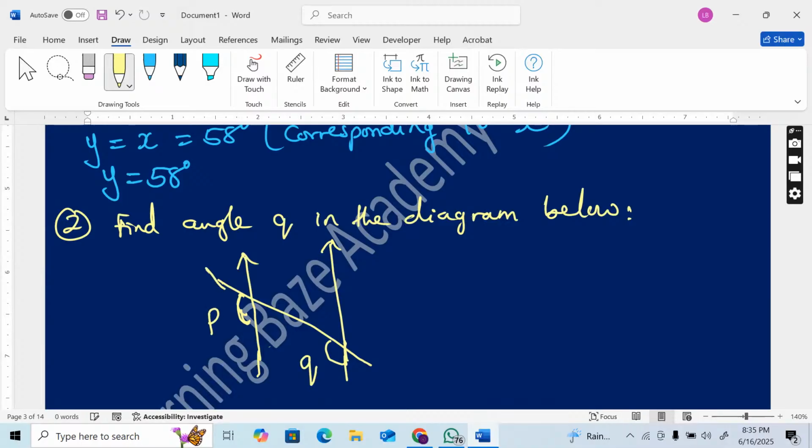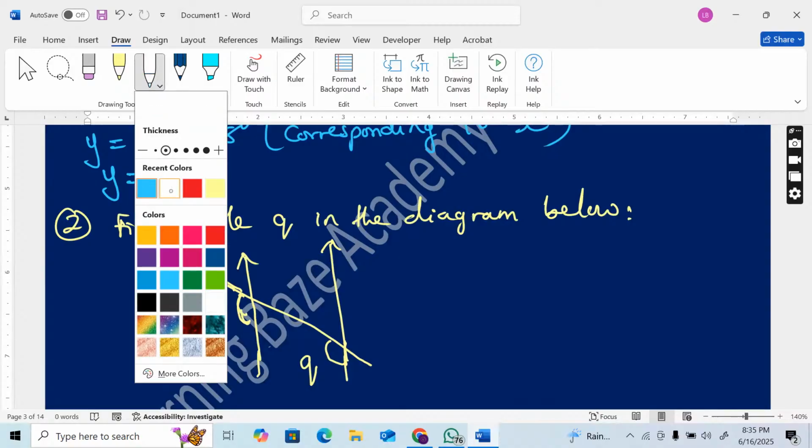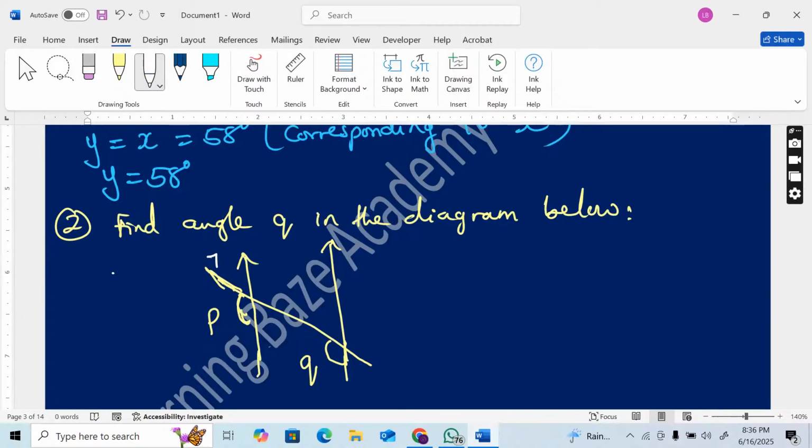And for this side up here, the angle is 75 degrees, and we've been asked to find angle Q.